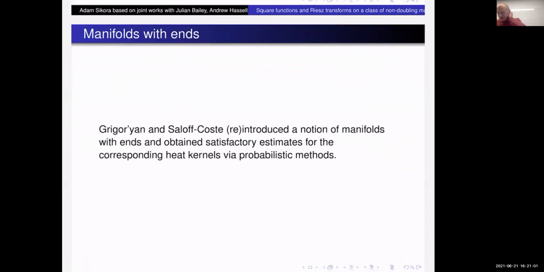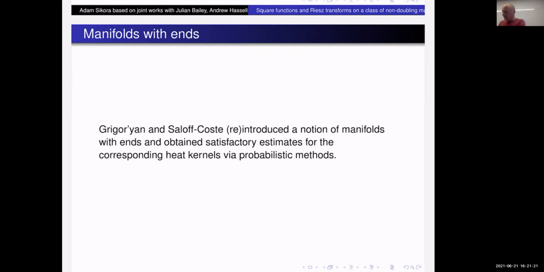Okay, I should mention here a quite significant starting point. It's not exactly a starting point, because before Grigoryan and Saloff-Coste, there were some papers of Davies devoted to the notion of manifolds with ends.